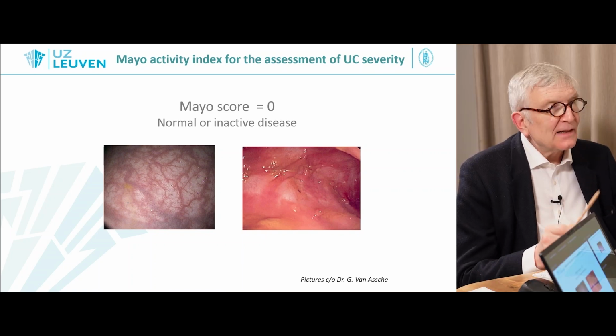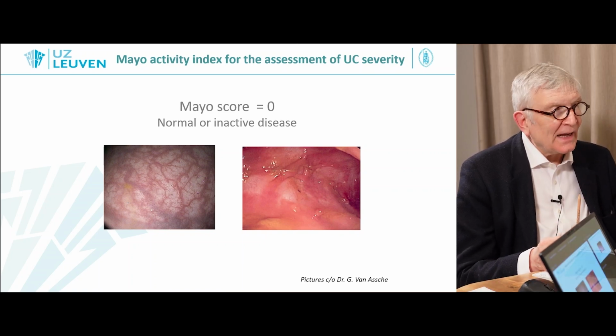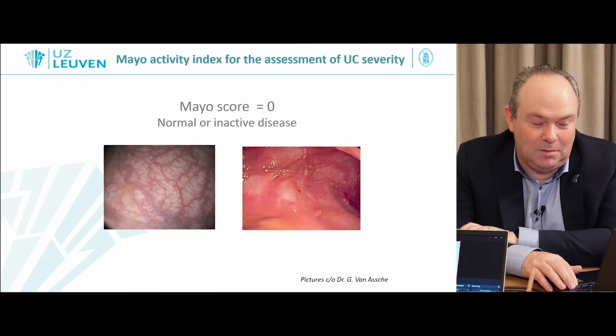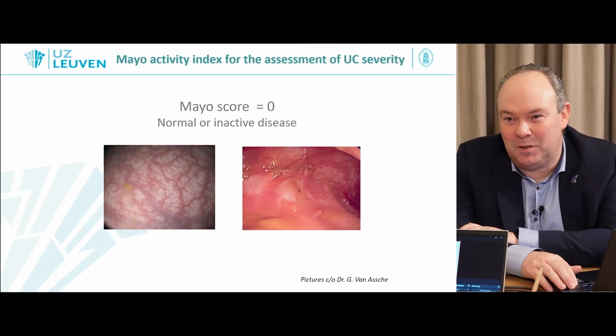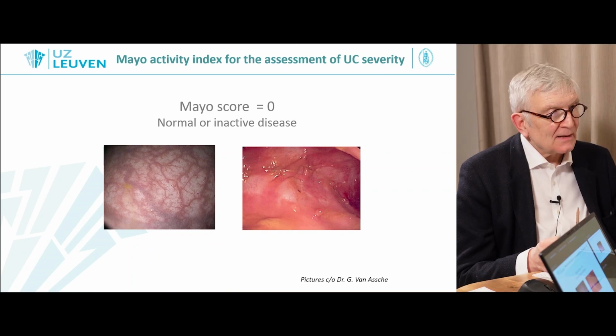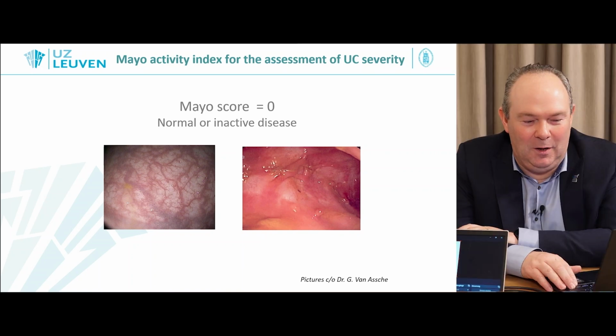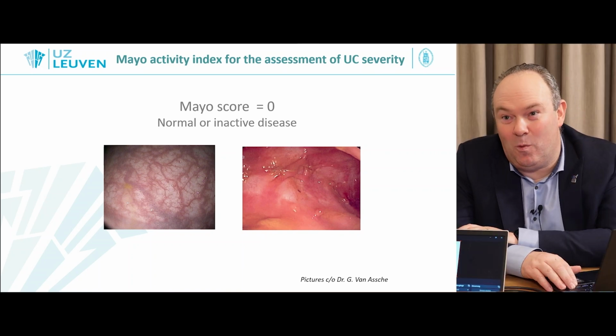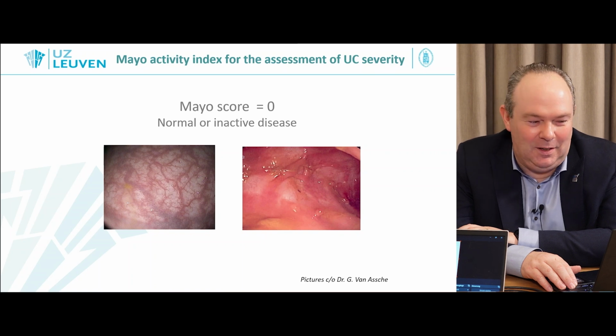It says inactive disease, which is a little bit vague, but is that mucosal healing then? Well, the definition of mucosal healing is also something that is still open for discussion. But this is actually Mayo 0, and Mayo 1 is called mucosal healing, right?